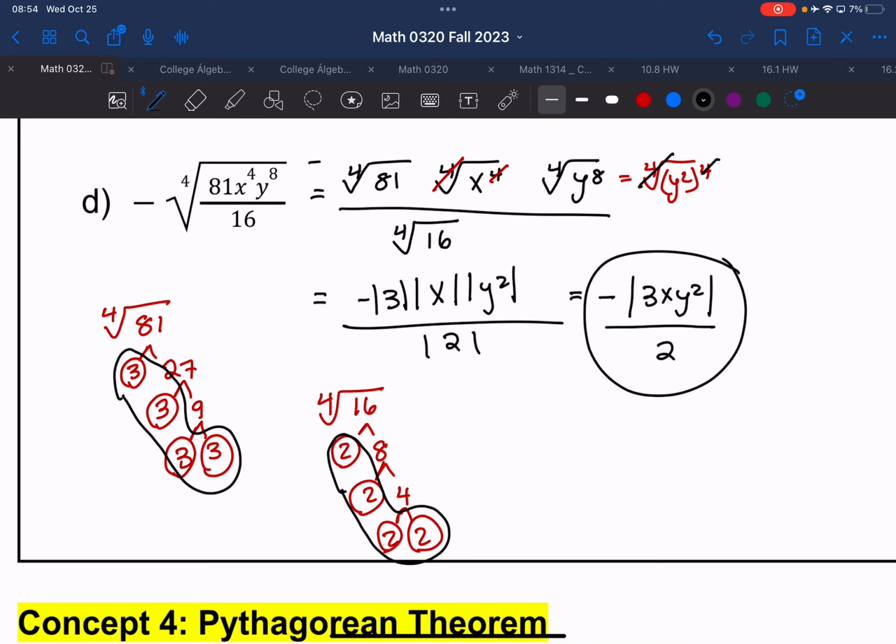Because the 4th root of 16 is even. So just to be sure, you could still put the entire fraction in this same exact absolute value. Correct. So you could write this as negative absolute value of 3xy squared over 2 absolute value.